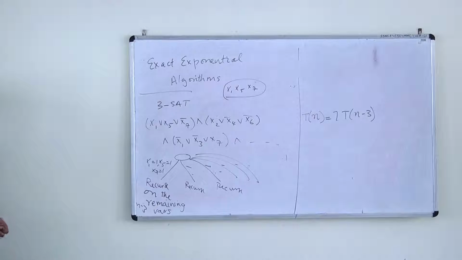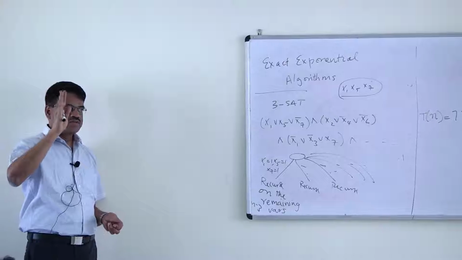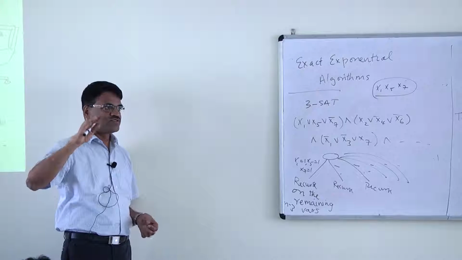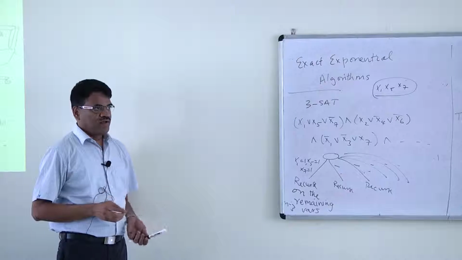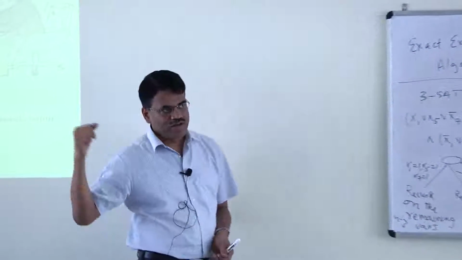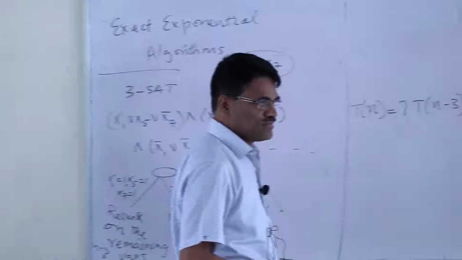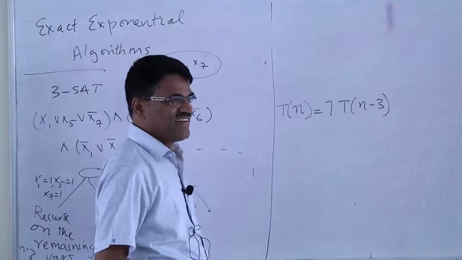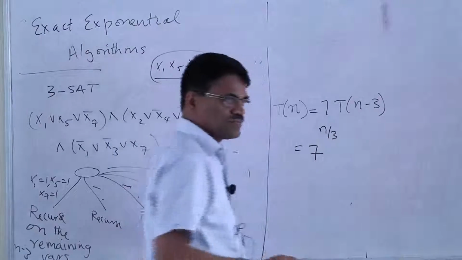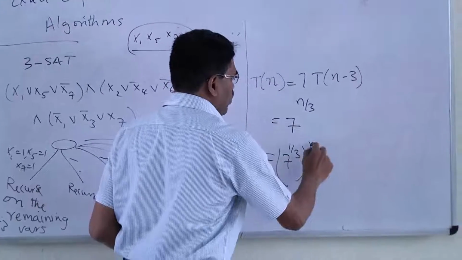It will be like 7 square into T of n minus 6, 7 cubed into T of n minus 9. So 7 power what? How many times you have to expand it so that it becomes like 1? N by 3. Yes, it's 7 power n by 3, which is 7 power 1 by 3 whole power n.